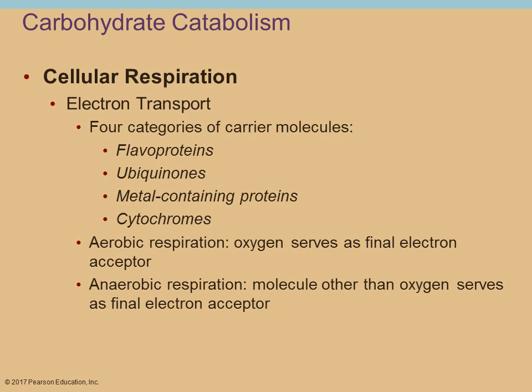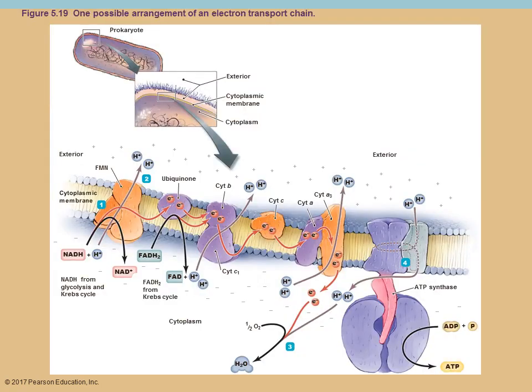Some of them are flavoproteins, some of them are cytochromes. With aerobic respiration, oxygen is the final electron acceptor. That is why oxygen is necessary for this process to occur. If it's referred to as anaerobic respiration, that means another molecule other than oxygen will be the final electron acceptor.